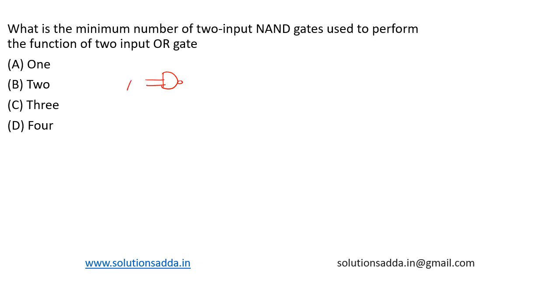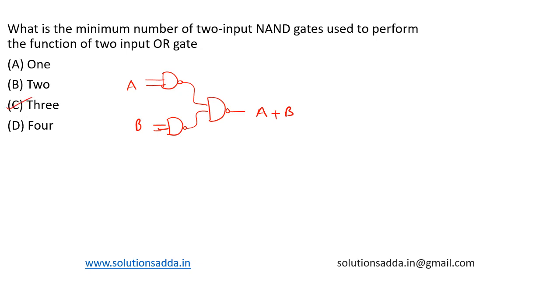Here the input is A. The second NAND gate input would be B. We combine these outputs and pass them to the third NAND gate. So this would generate A plus B. So the correct answer is option C, 3 NAND gates.